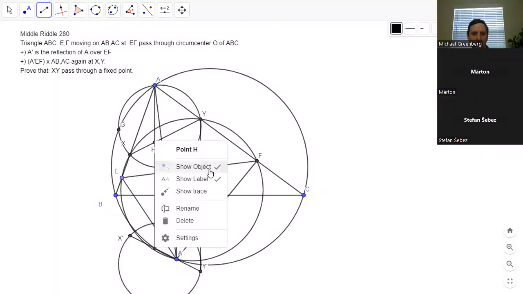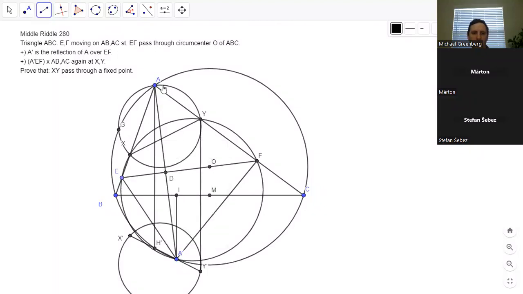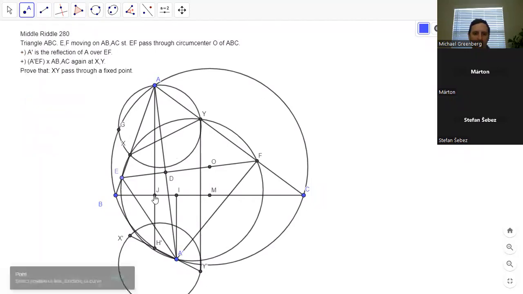So we don't even really need the orthocenter. You drop the perpendicular from A to BC and let it meet the circle at this point, and then you draw A prime, and then you draw Y prime. You want to show those are collinear.